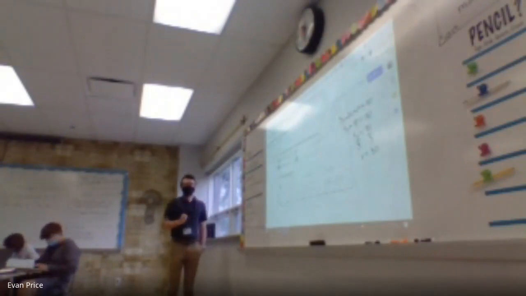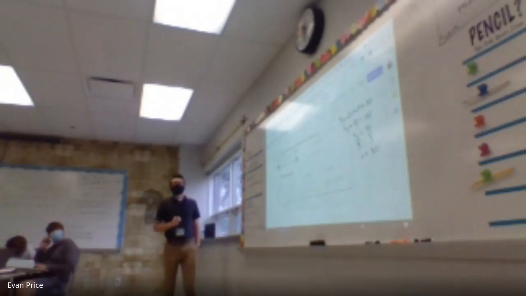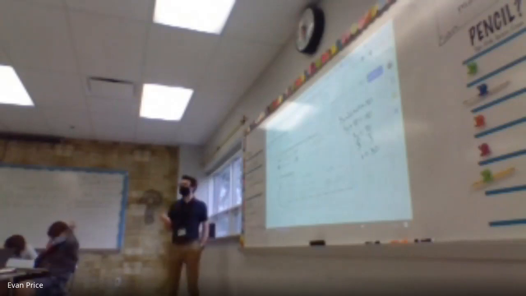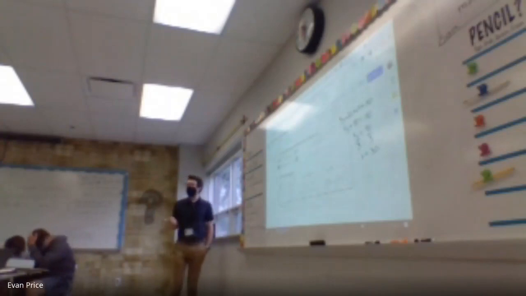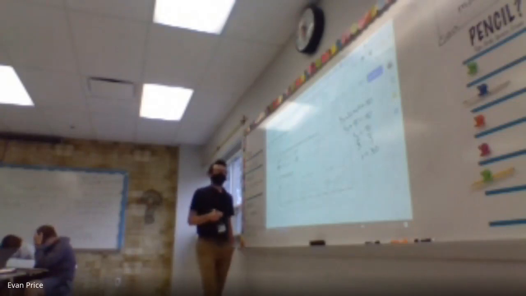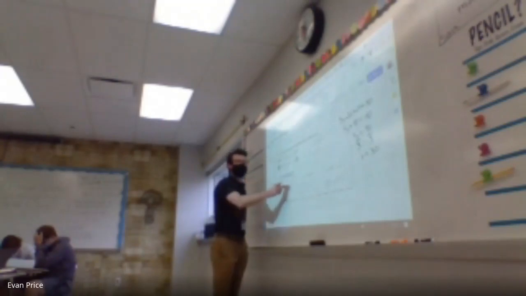Now, there's a couple different ways you could go from here. We could go with our first method, which was to set them equal to each other, because now we know y, and we can plug it in. Or you can just plug in the y, and are those angle measures going to be the same?